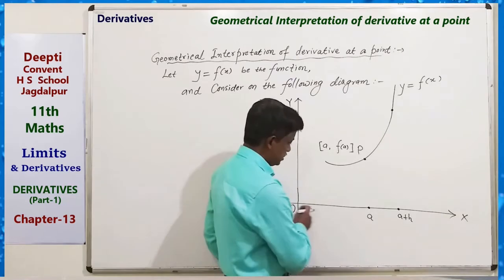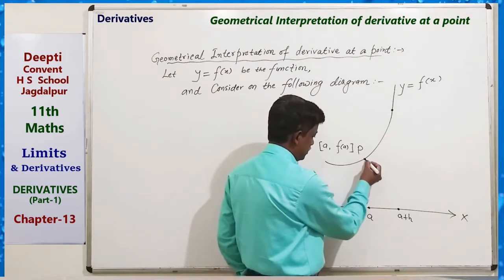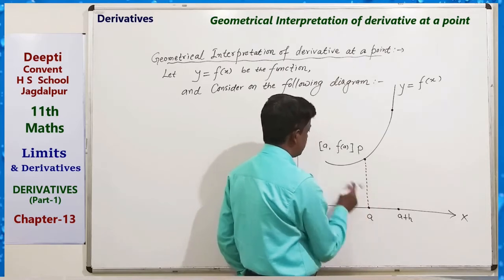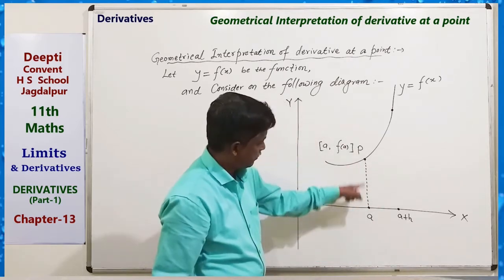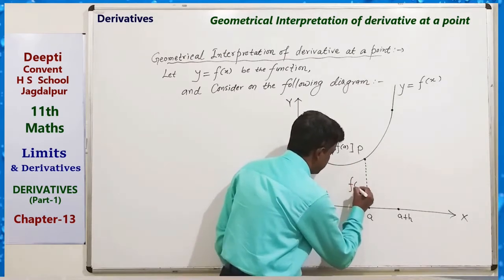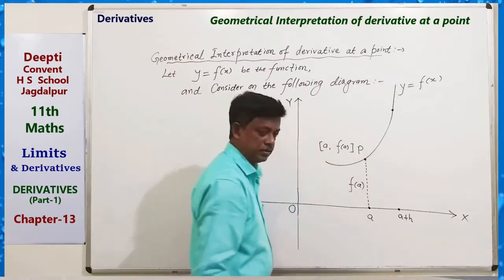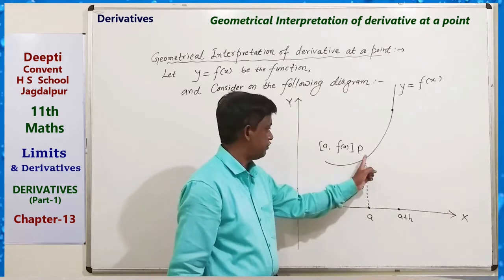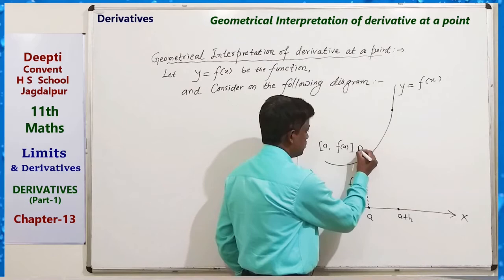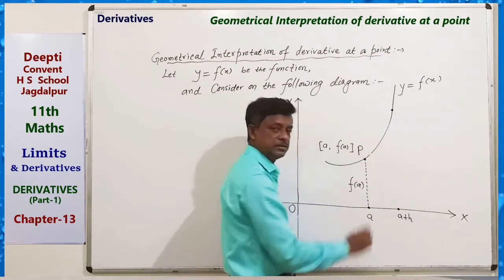Because this is the value of x, and this value is f(A). So this point is P.